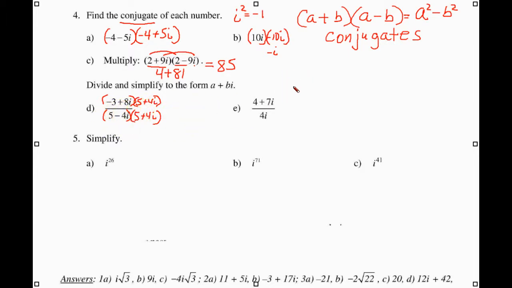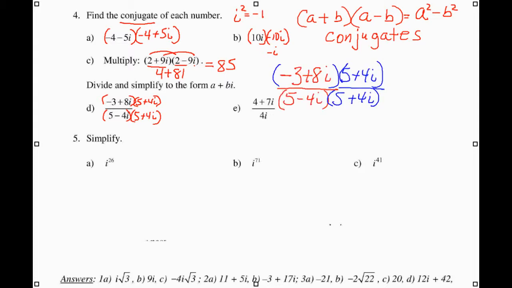And let me write it out over here. I'll do this bottom first. So 5 times 5 is 25 minus 16i squared. But i squared is a -1. So this is going to end up being a positive 16.